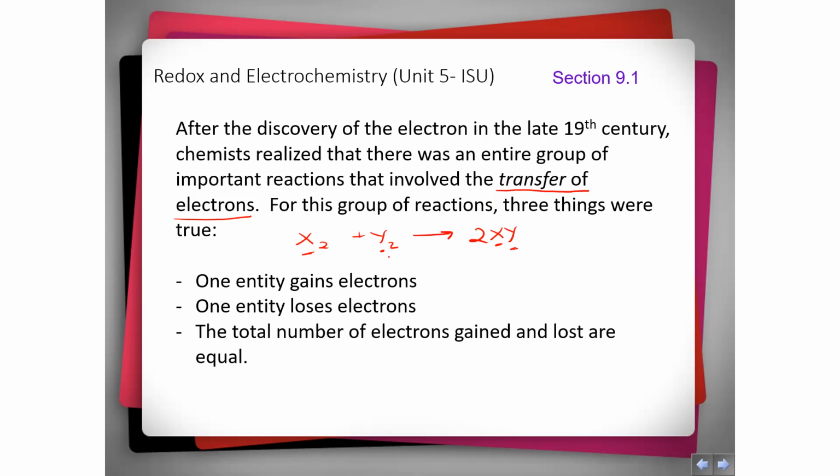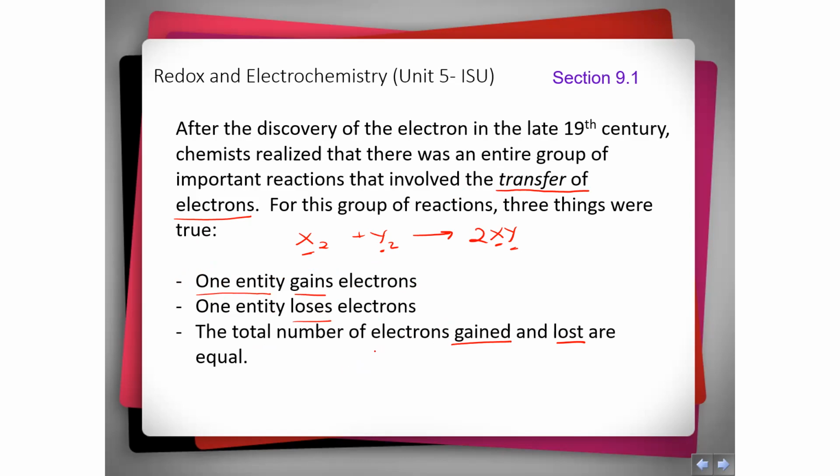So reactions will involve certain numbers of electrons. For these reactions, something in the reaction is going to gain an electron, something in the reaction is going to lose an electron, and the total number of electrons gained and lost are the same. So if something gains 5 electrons, something else will have to lose 5 electrons.